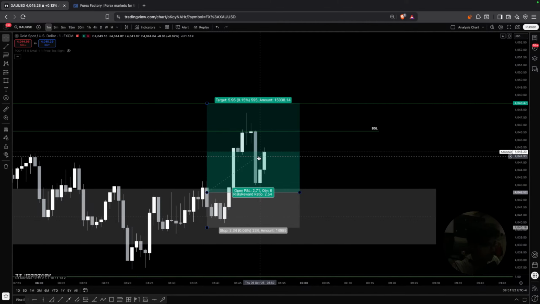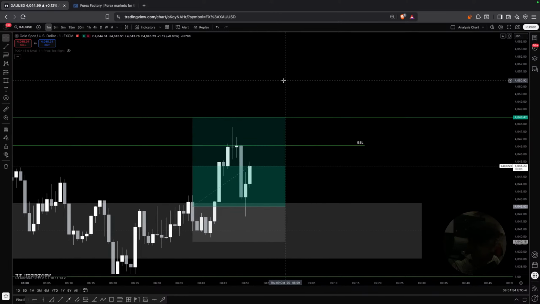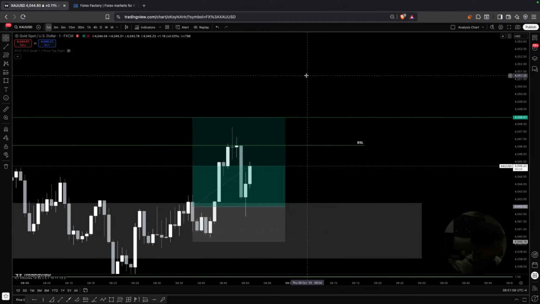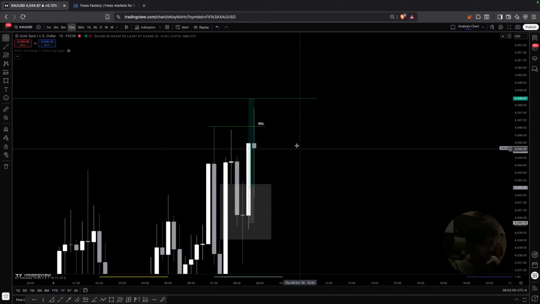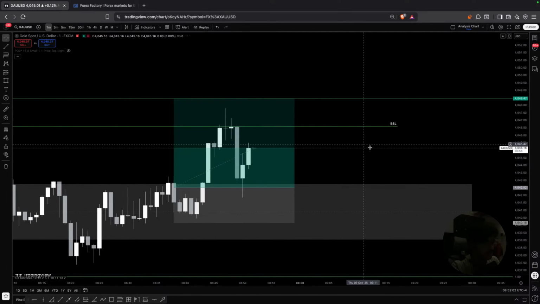If this fair value gap gets inverted, we can look for more highs. Okay, wait for it. Let's see how the 15-minute structure is. Good. 15-minute is showing good.